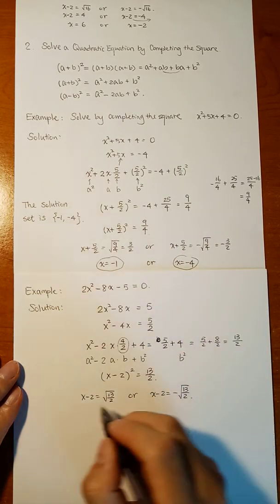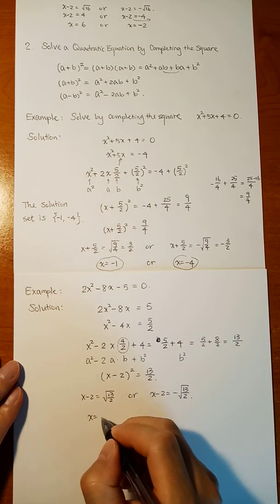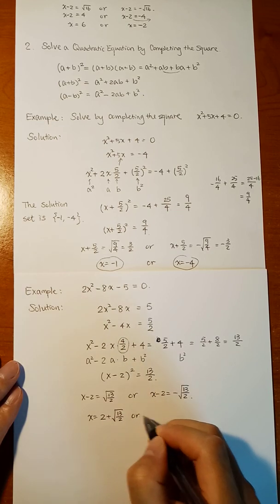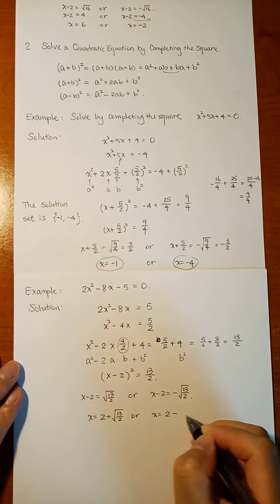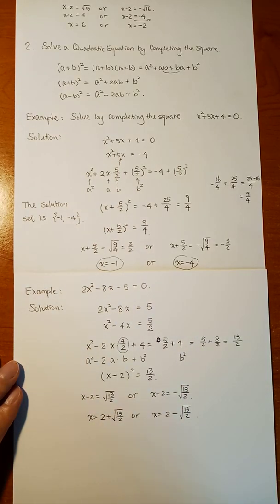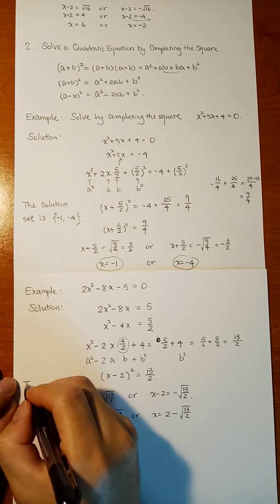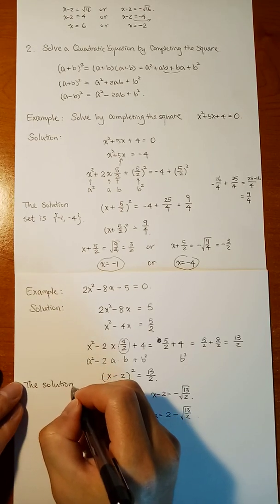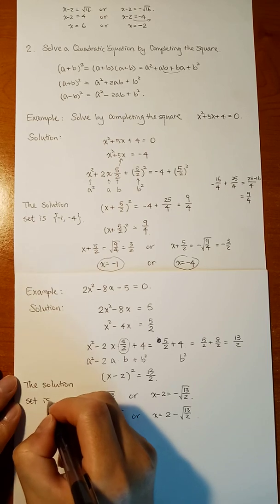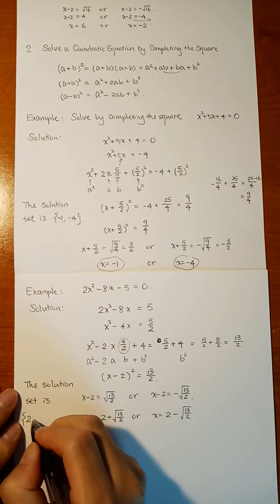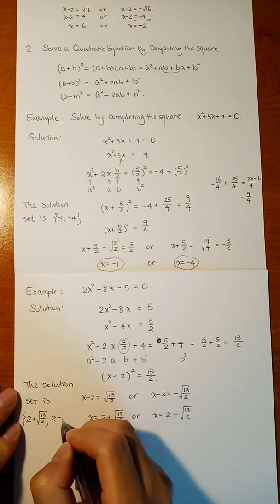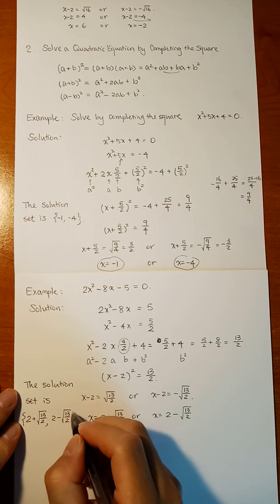And then you solve these two linear equations, you will get x is 2 plus square root of 13 over 2, or x is 2 minus square root of 13 over 2. That's it. So you can write down the answers, the solution set: 2 plus square root of 13 over 2, 2 minus square root of 13 over 2.